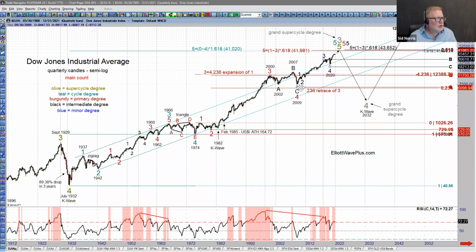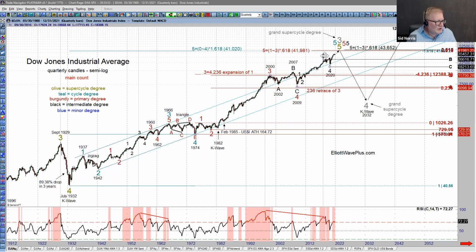So all I need is the net traveled of the start of the pattern through wave 3, and then look from the wave 4 low, that would be the March of 2020 low, look for a wave 5 that is equal to 0.618 times the net traveled of black 1 through 3. And that target is a little higher. It's at 43,652.